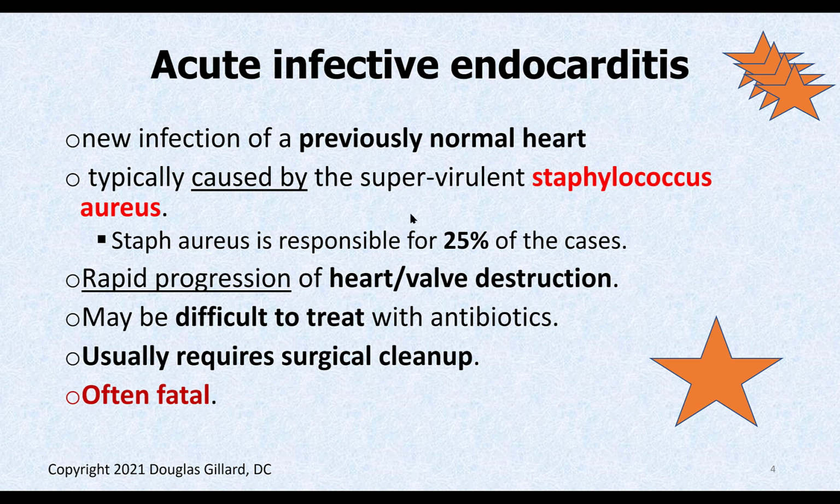This is typically caused by a virulent strain of Staphylococcus aureus. Staph aureus is responsible for about 25% of these acute infective endocarditis episodes. And these aren't good because they can lead to heart valve destruction if the inflammation gets that bad.